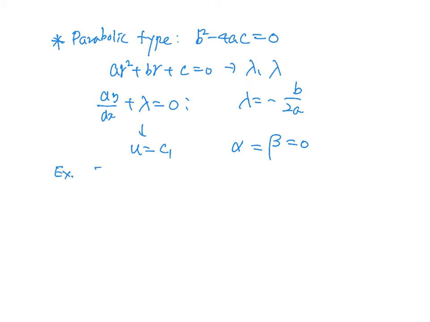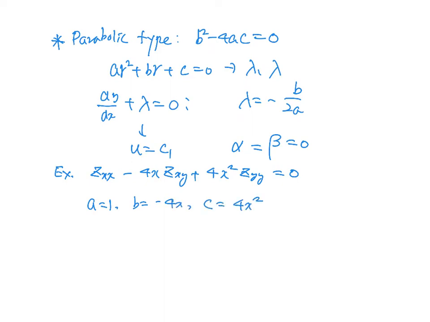Example: z_xx minus 4x z_xy plus 4x squared z_yy is equal to 0. So a equal to 1, b equal to minus 4x, c equal to 4x squared.